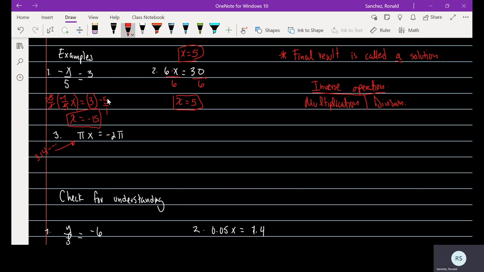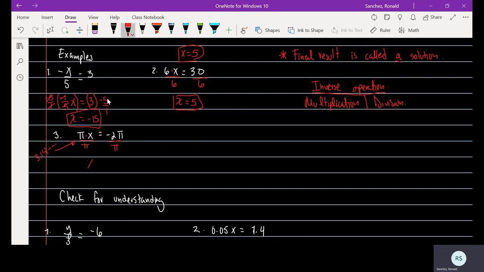I know that pi is being multiplied times x. And when I multiply pi times x, I get negative 2 pi. If I treat pi as a coefficient, any coefficient, I see that the inverse operation of multiplying times pi will be to divide by pi. What I do to one side, I must do to the other side.